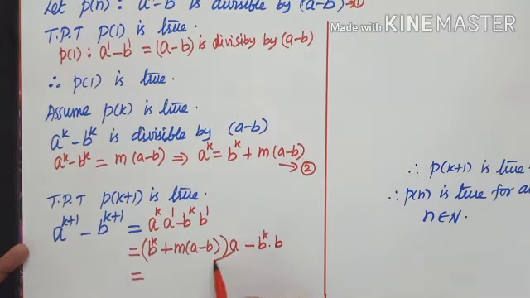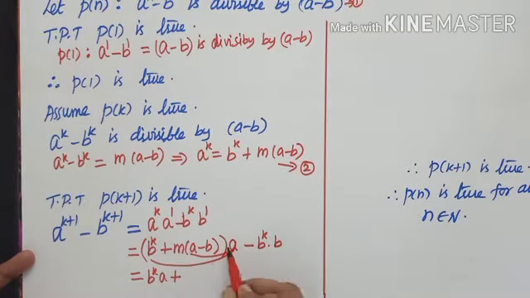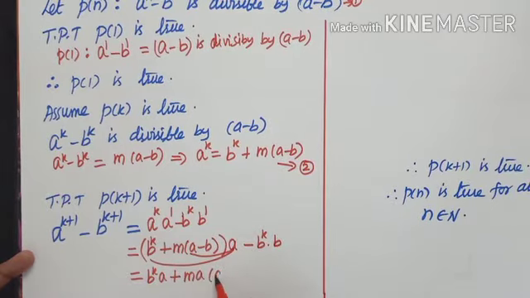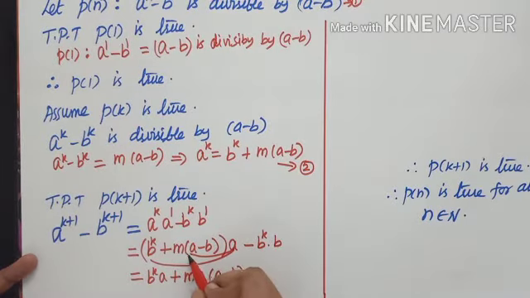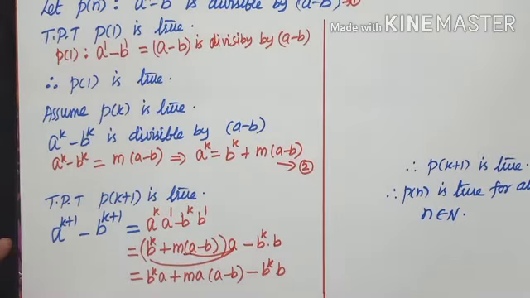Now multiply this a like this way. What do you get? b power k into a plus m a into a minus b, minus b power k into b.